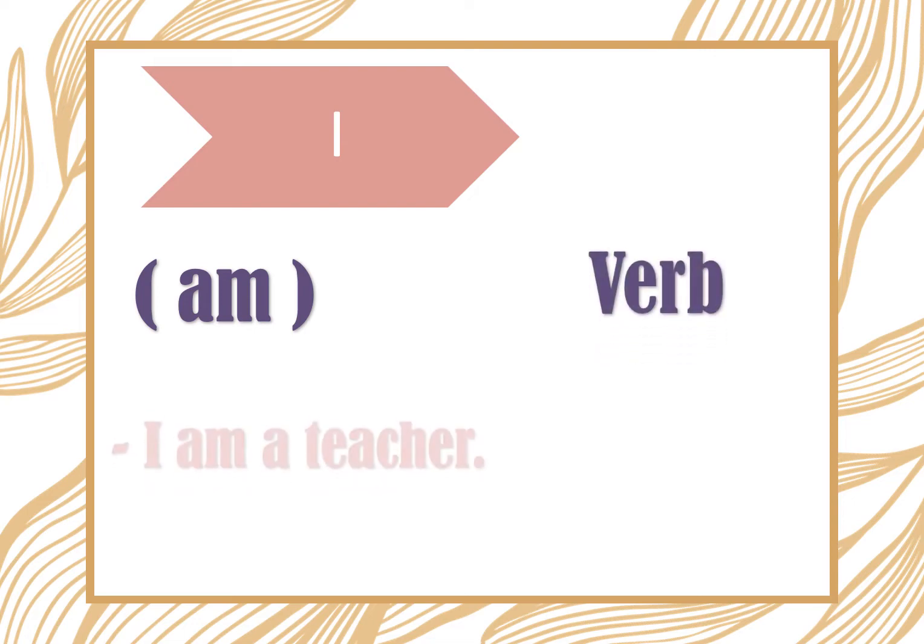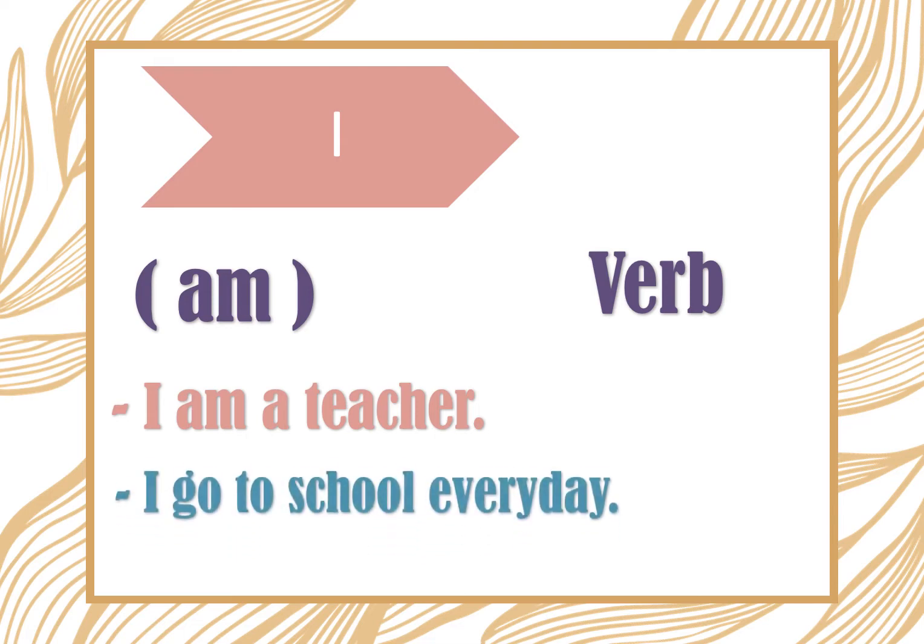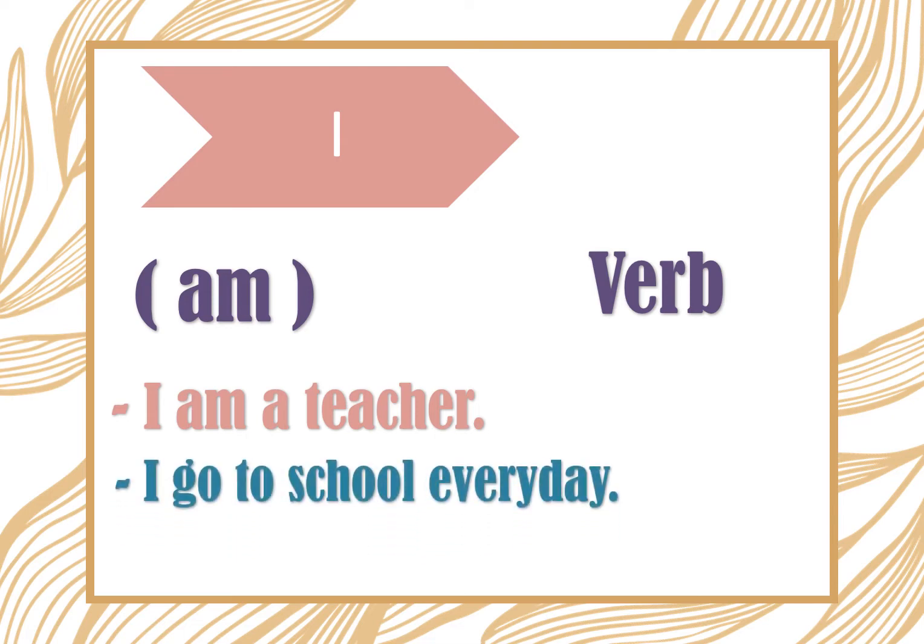Actually, with the pronoun I, we use am. So I am a smart girl, or we use the verb without adding anything to it. I am a teacher. I go to school every day.